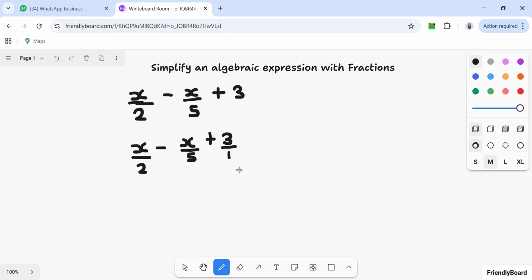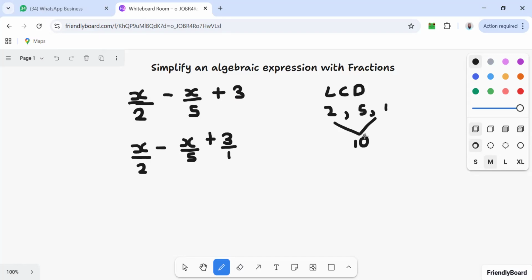LCD meaning lowest common denominator. So what is the lowest common denominator of 2, 5, and 1? All right, it's 10. So I have identified my lowest common denominator.